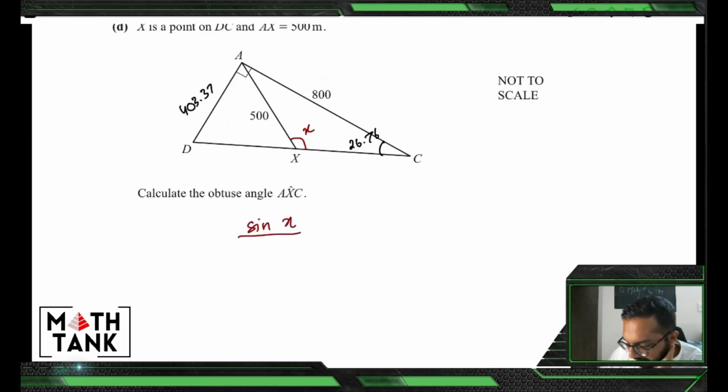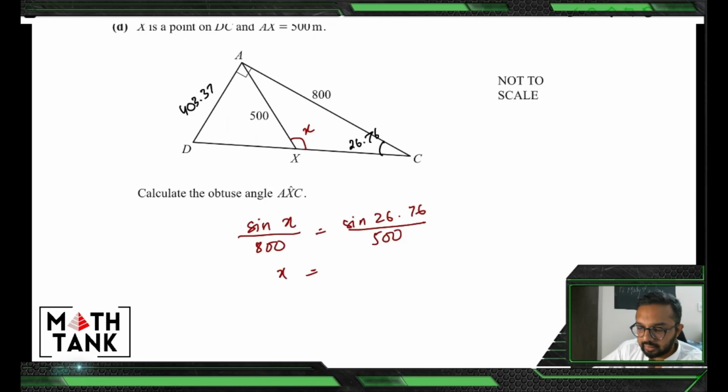So sine X over 800 equals sine 26.76 over 500. So X therefore comes out to be sine inverse of 800 sine 26.76 divided by 500. So I get 46.088.